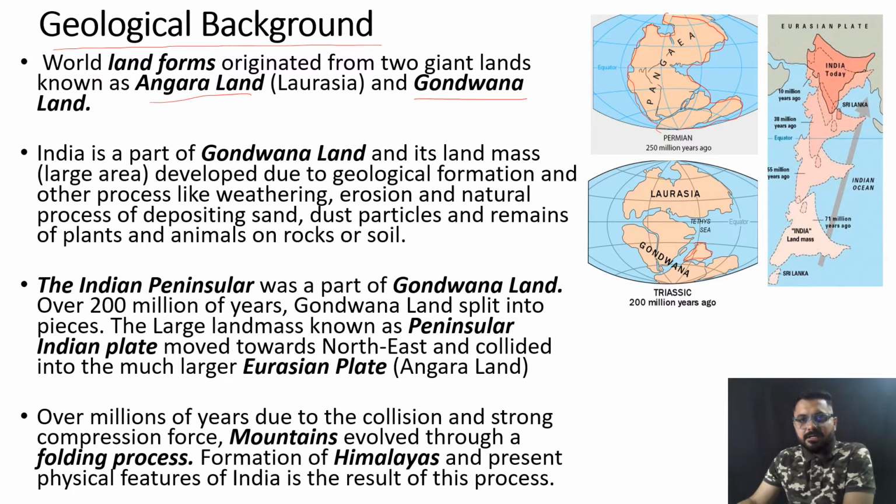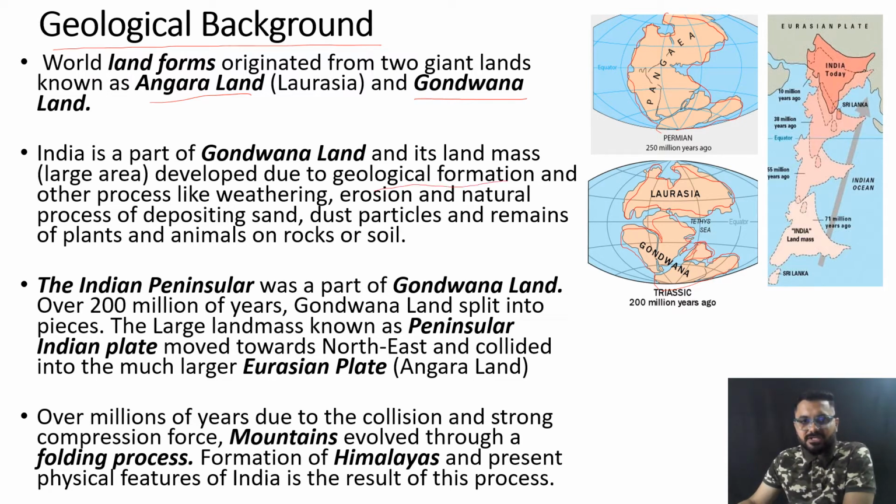As you can see here, Pangaea broke into two pieces. The upper portion is called Laurasia, and the part at the bottom is called Gondwana land. India is a part of Gondwana land, and this landmass developed due to geological formation.